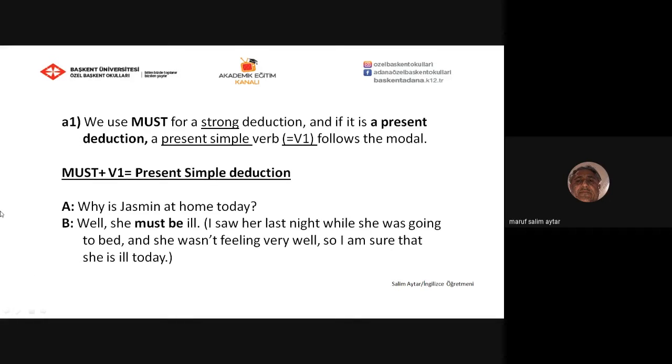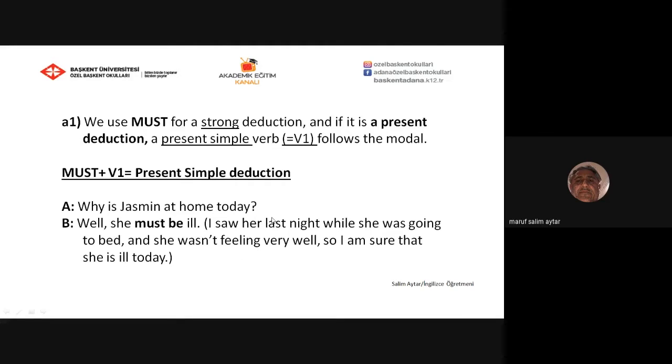Have a look at the dialogue given here as an example. The question is, why is Yasmin at home today? Before reading the answer, just have a look at the clue. It says, I saw her last night while she was going to bed and she wasn't feeling very well.